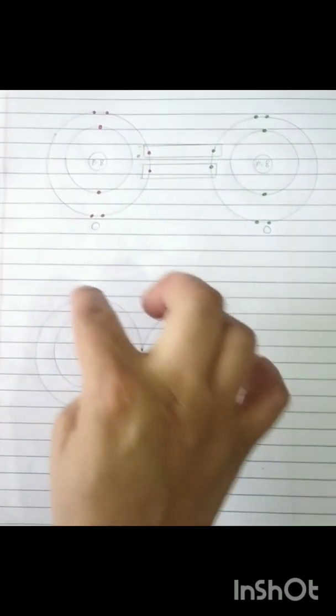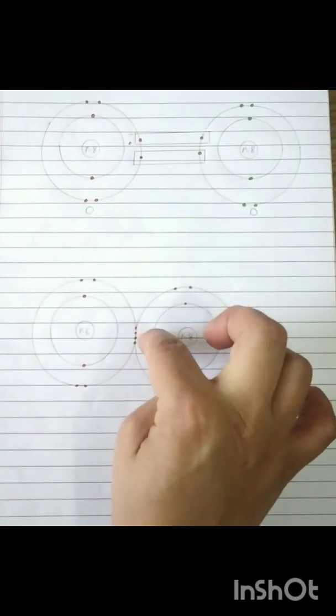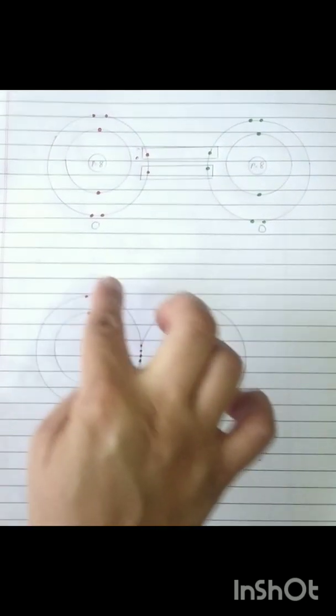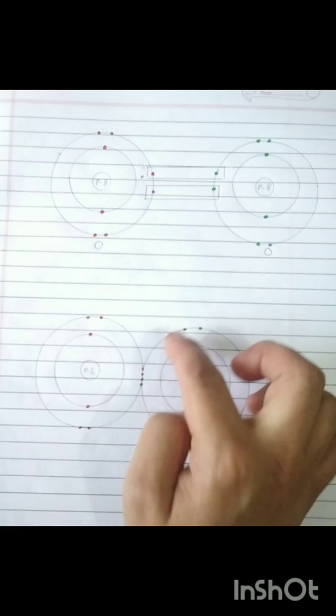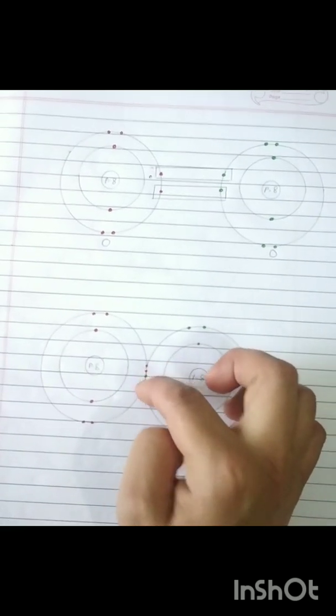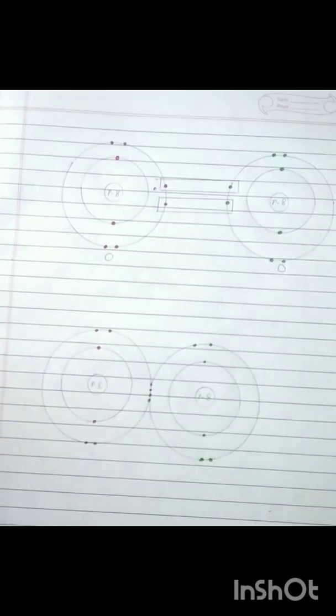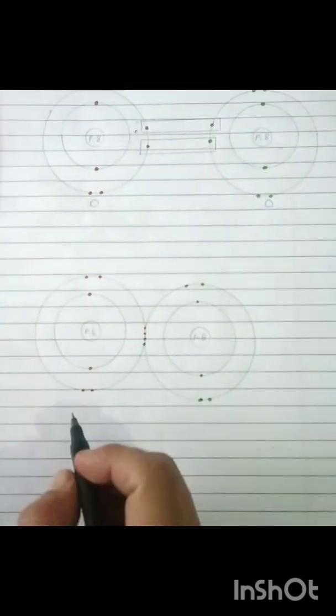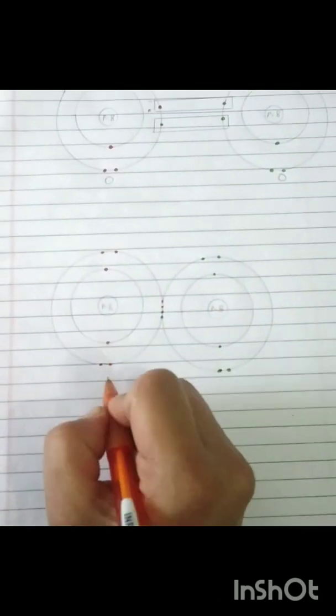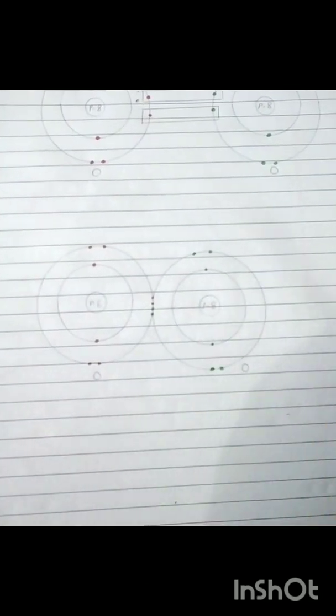Let's count now. 8 for this one, and 8 for the other. So how many electrons are they sharing? So this is oxygen. This is also an oxygen atom.